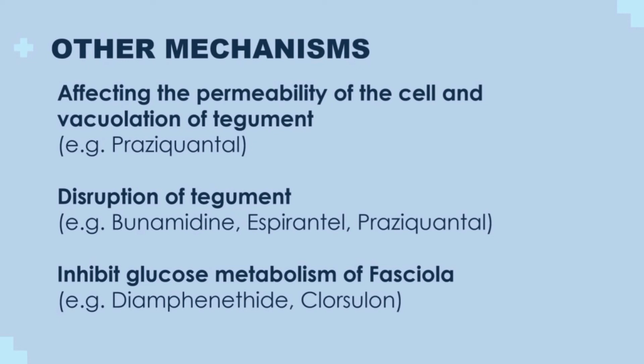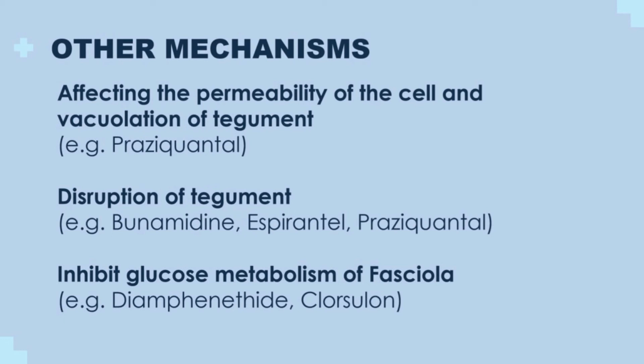There are also other mechanisms affecting cell permeability and tegument vacuolation. For example is praziquantel, which increases trematode tegument calcium permeability, resulting in spastic muscular contraction. Diamphenetide is an example.